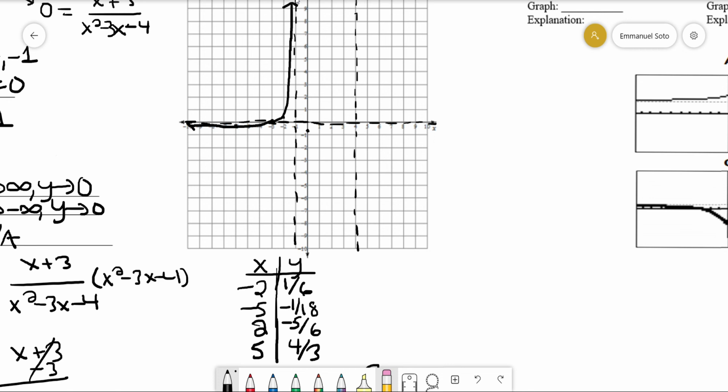Now let's do this part, 2 and negative 5 over 6. And we have 5 and 4 over 3. 4 over 3 is 1 1/3, so a little bit over 1. Okay, so this part it does the U. So it looks like it's trying to approach here.